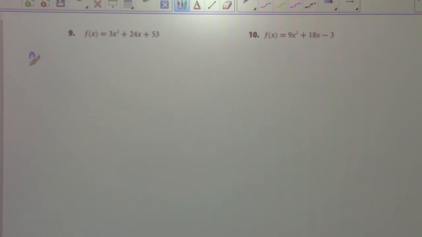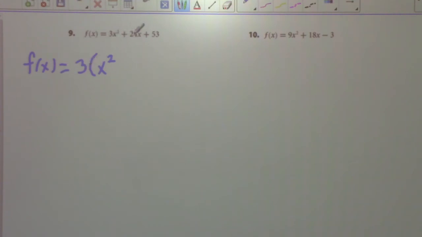So I'm just going to start out by rewriting this as f of x, and factor out a 3, and then open parentheses. So 3 times what equals 3x squared? Well, x squared, right? So that makes sense. And then we have to look at this 24x.